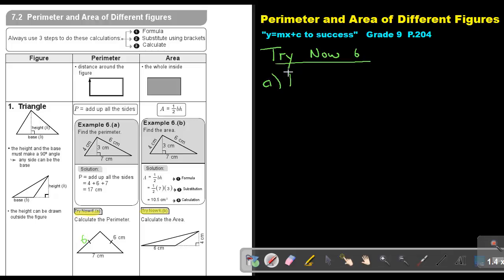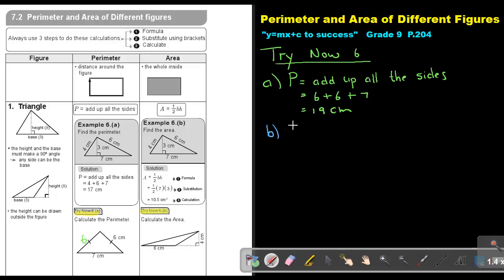So the perimeter is just adding up all the sides. Basically, it's going to be 6 plus 6 plus 7, and that's going to give me an answer of 19 centimeters.